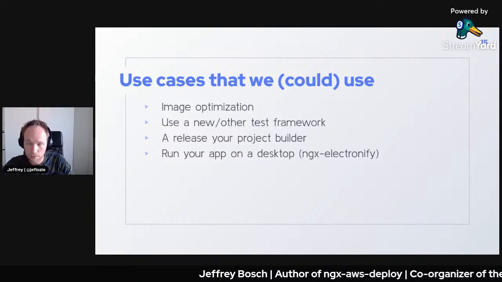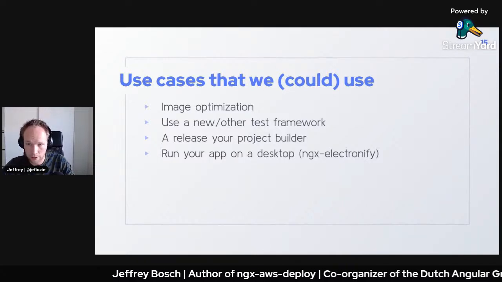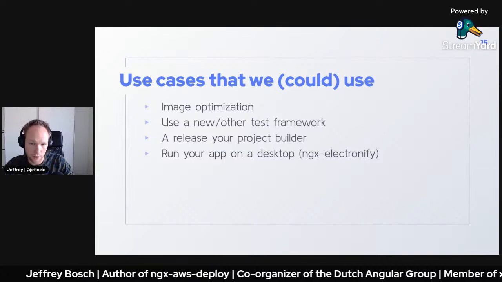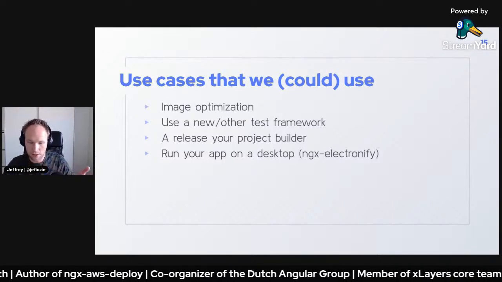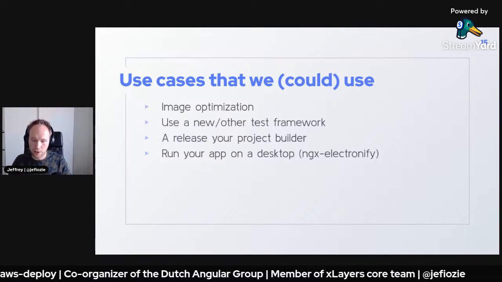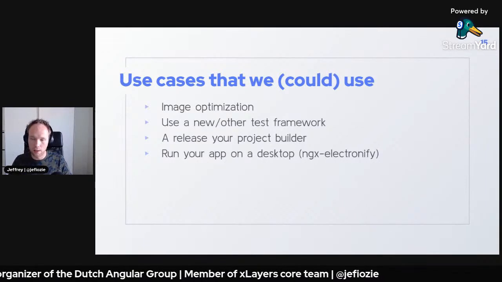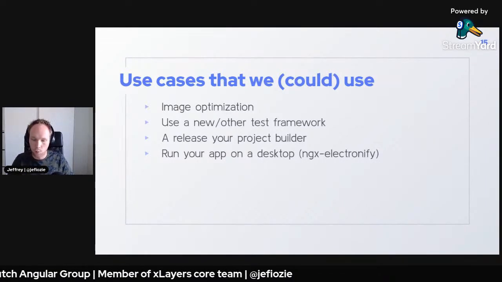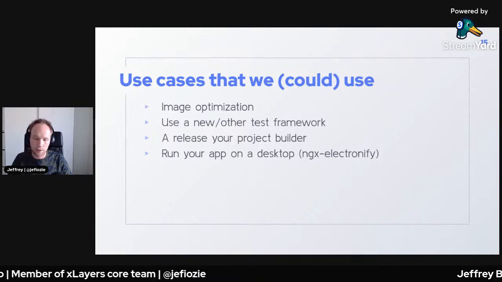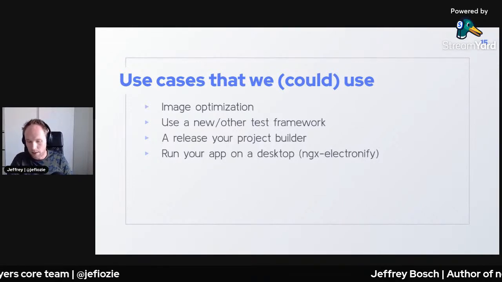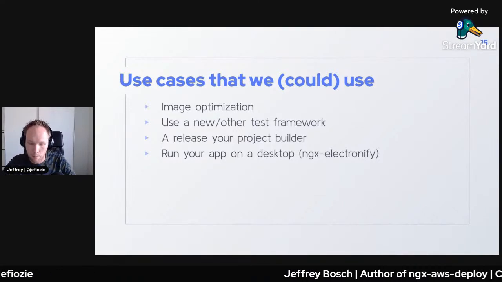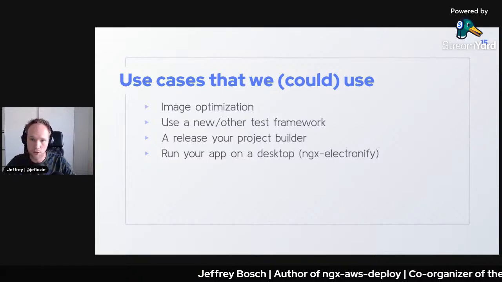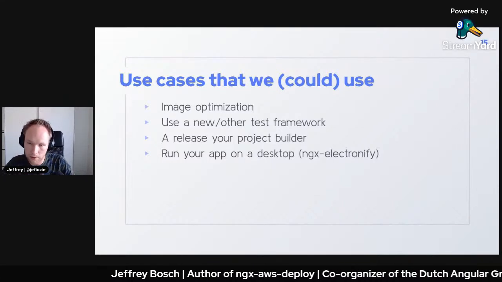One of the best fitting use cases is probably a release-your-project builder. I'm just giving it a name here, but a lot of teams and a lot of people release in a similar way: deploying to a Docker container, deploying to static content, or making some configurations just before it is deployed.